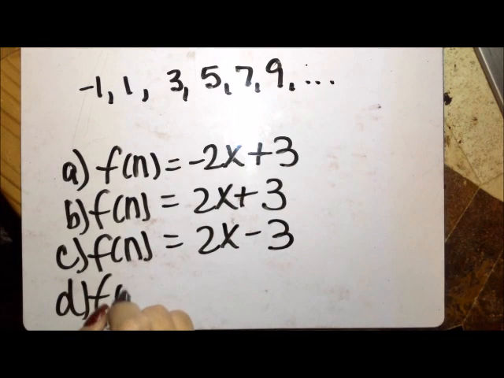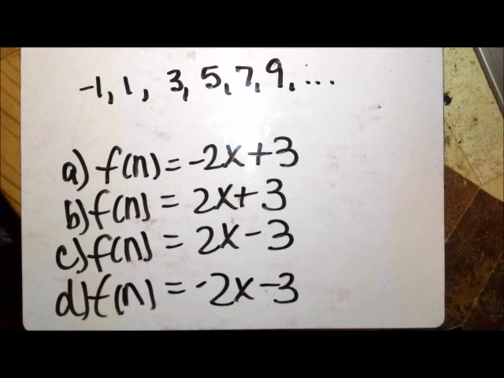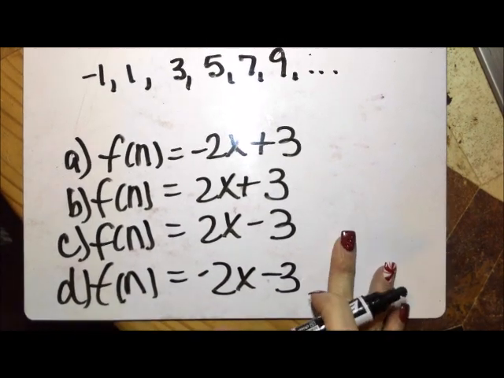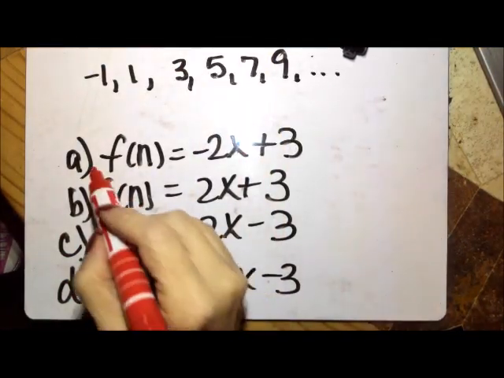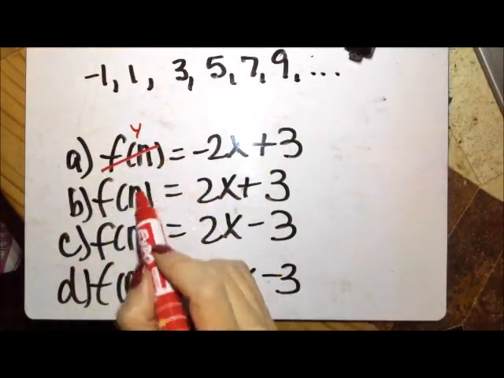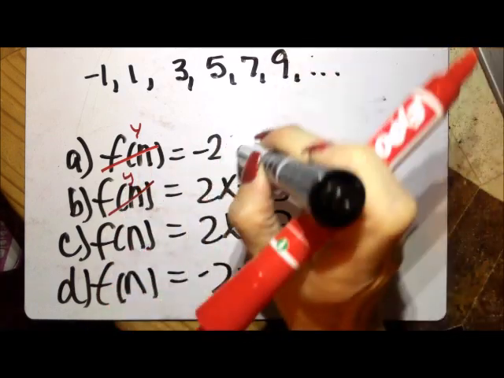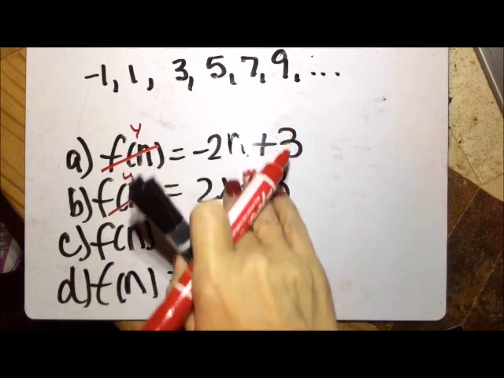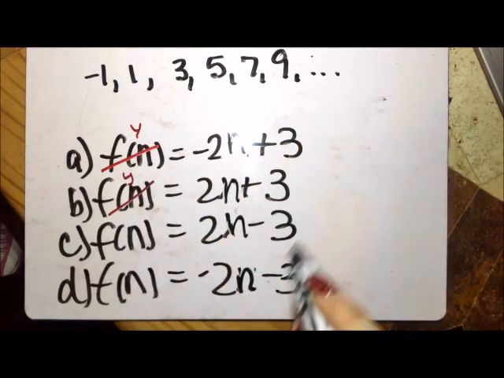D is f of n equals negative 2x minus 3. Okay, so we've got these scenarios. Here's what you're going to do. f of n is nothing more than a fancy y, so I can just say y right here. Oh, you know what? Those should have been n's. If it's f of n, that has to be n.